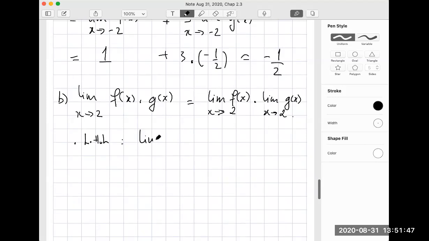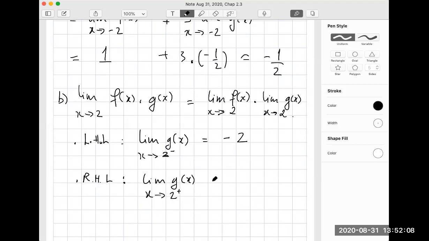And the right-hand limit of g of x, when x goes from the right side of 2, will approach -1, right? The different value. These two values are different from each other.